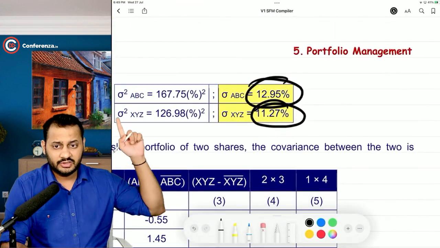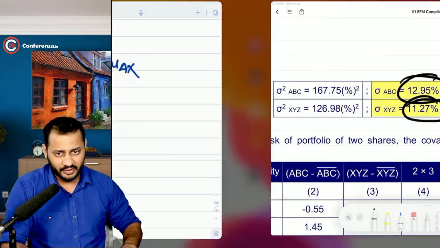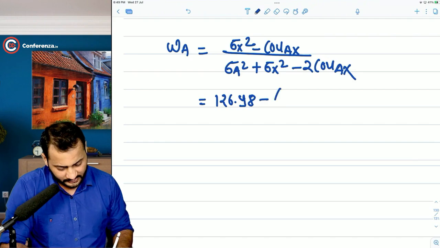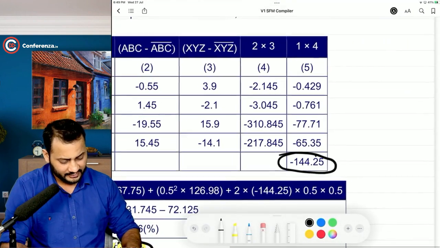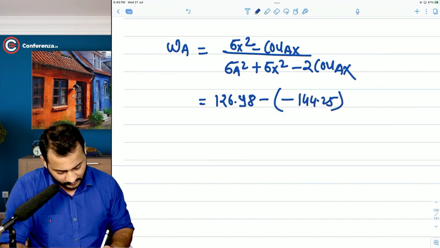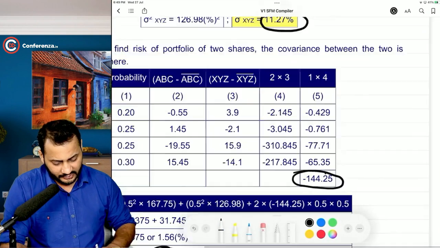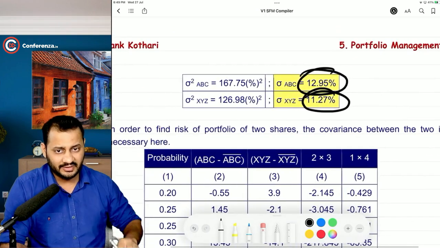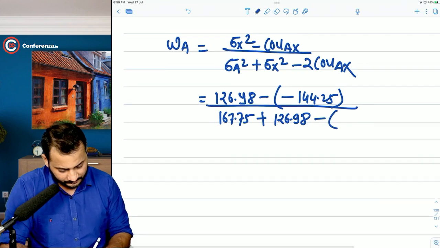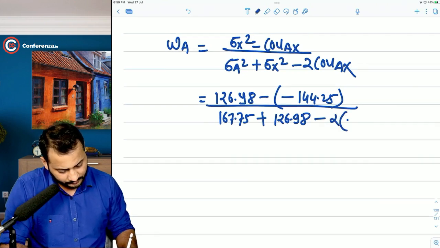Variance of X was 126.98 minus, in bracket minus, covariance itself is minus 144.25, divided by variance of ABC which was 167.75 plus 126.98 minus 2 into minus 144.25.